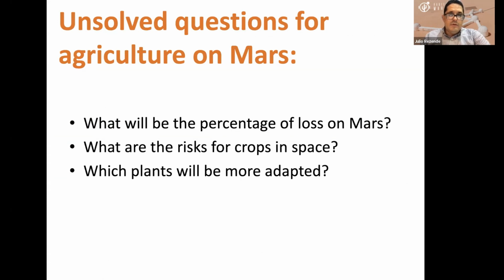Also, we will have a lot of unsolved questions for agriculture on Mars, related to what will be the percentage of loss on Mars, what are the risks for crops in space, which plants will be more adapted. These are some important questions related to cultivating food in space that I would like to bring.